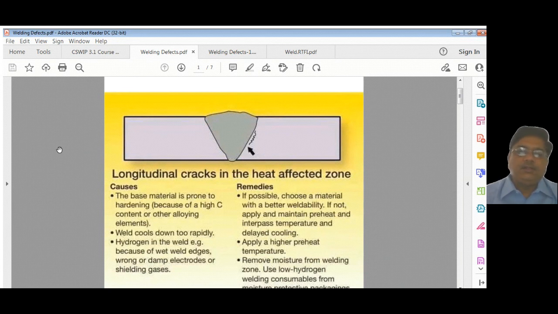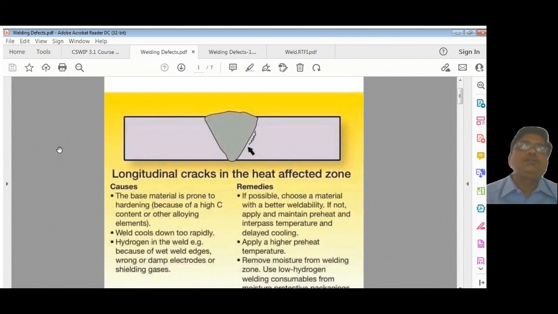If the weld cools down very rapidly, let's say you are welding hard material, and then suddenly the temperature goes down because of weather conditions, a lot of rain falls, and you are not able to maintain the temperature. The hydrogen in the weld comes from wet weld edges, wrong and damp electrodes, and shielding gases.